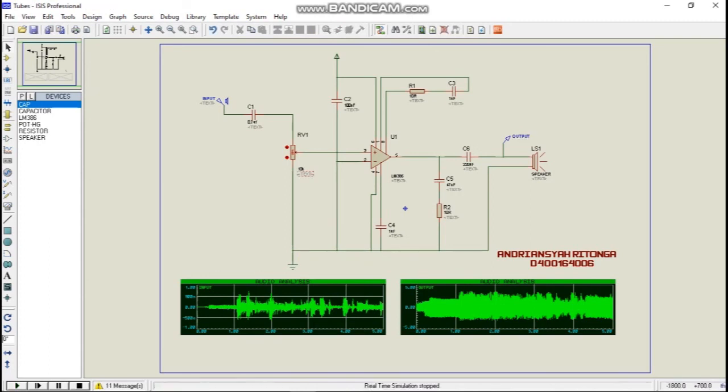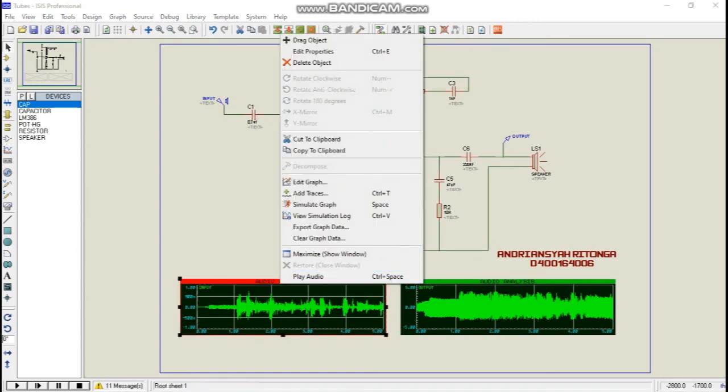Okay, from the circuit we hear the sound is very broken and smooth and then crushed. And let's simulate the graph from audio analysis.